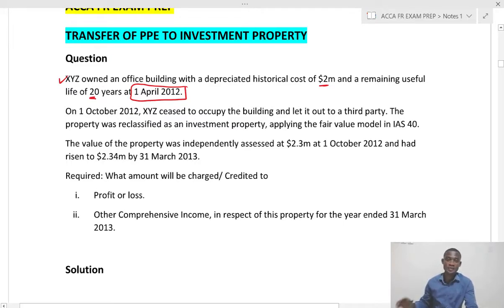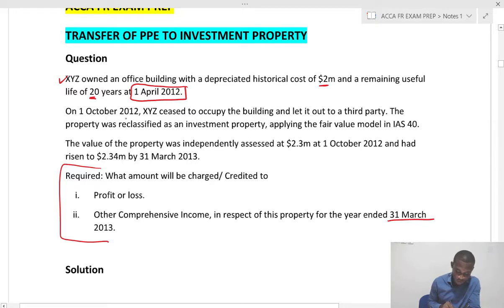And it's important you track the dates, because in reporting, once you miss the date, you get the answer wrong. Now, fast forward, let's look at the requirement. What amount will be charged or credited to profit or loss, OCI, at the year end 31st March 2013?